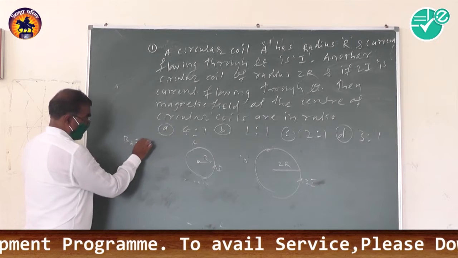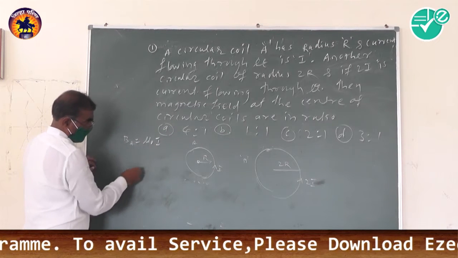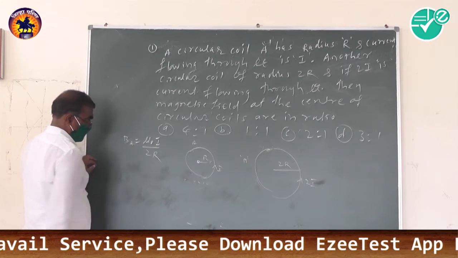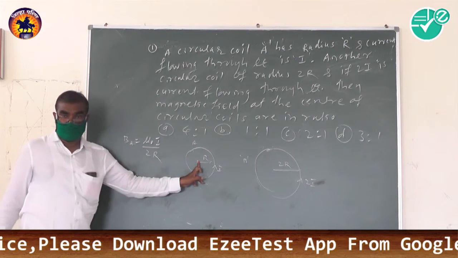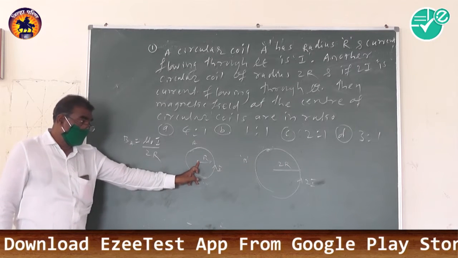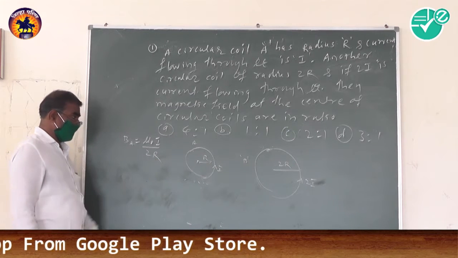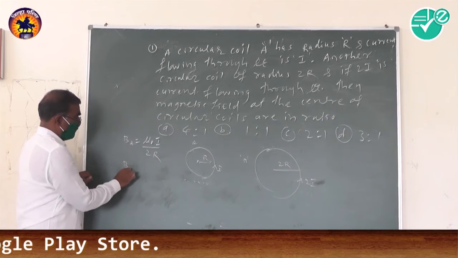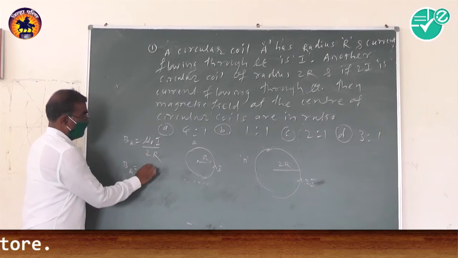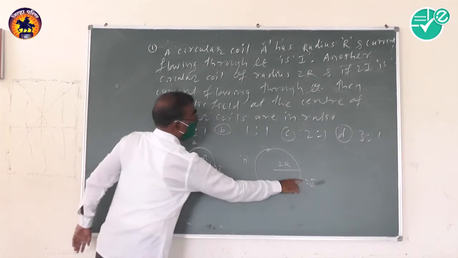BA is equal to mu 0 I upon 2R. That is, BA is the magnetic induction at the center of circular coil A of radius capital R, and BB equal to mu 0. What is the current in the second coil?